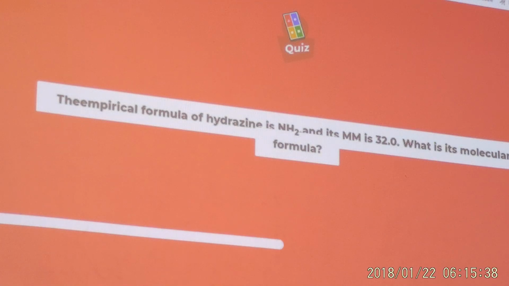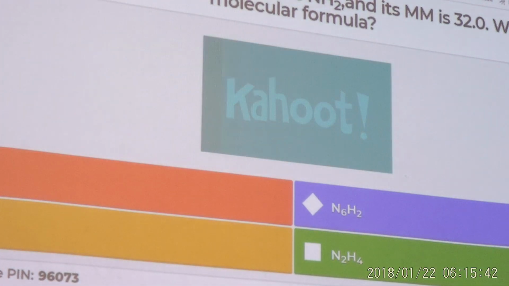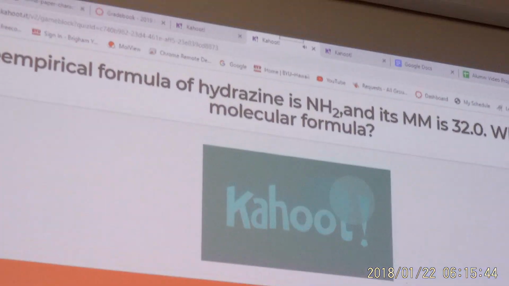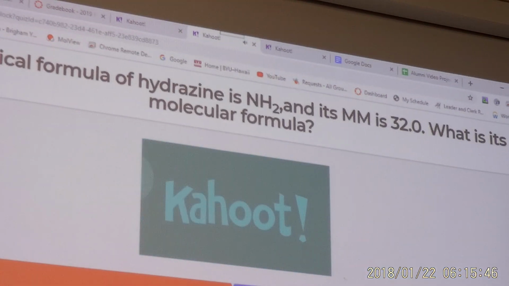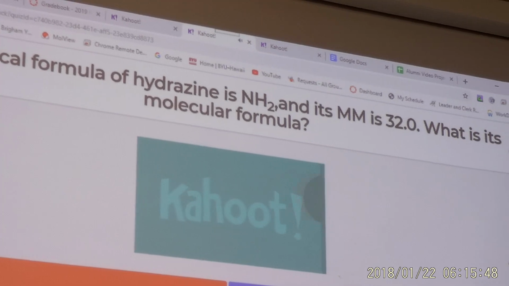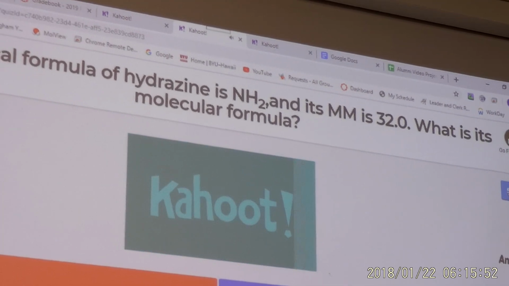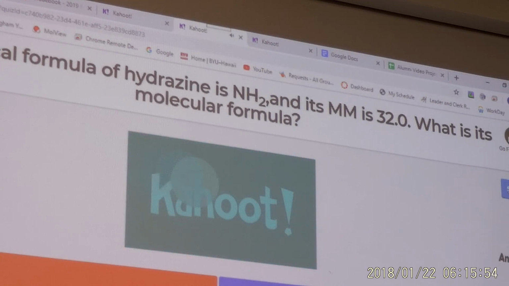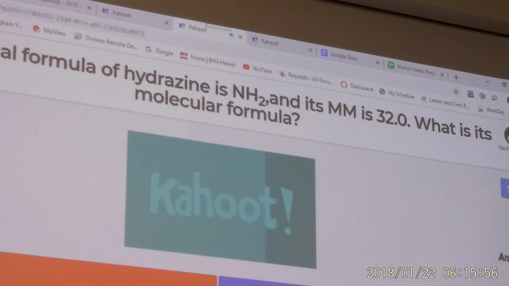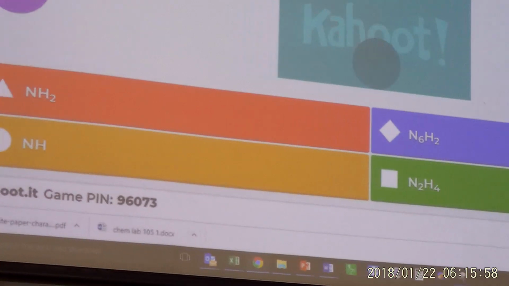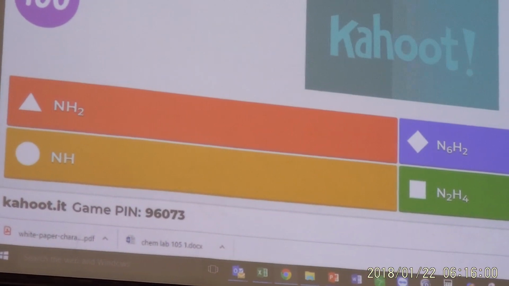Here it is. This is the question that we're after. The empirical formula for hydrazine is NH2, and its molar mass is 32. So from that, you should be able to identify what the molecular formula is.